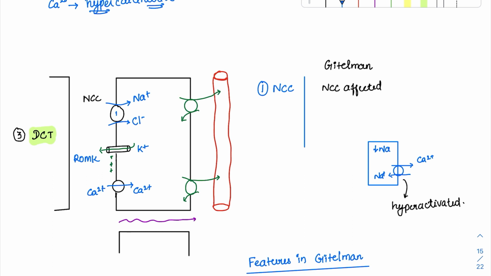One channel, our classical sodium potassium ATPase, that is no confusion. And another channel we have to remember, which is very, very specific for this DCT. That channel's name is sodium calcium exchanger. Here the calcium which has come in goes to the blood with the help of this exchanger.